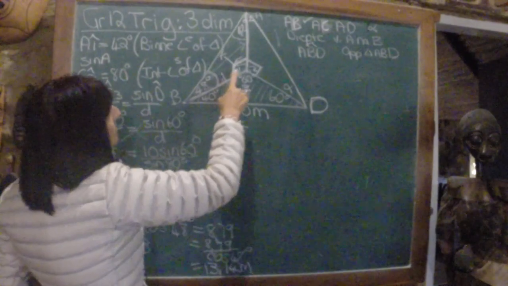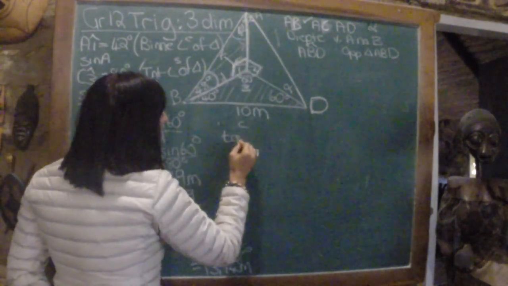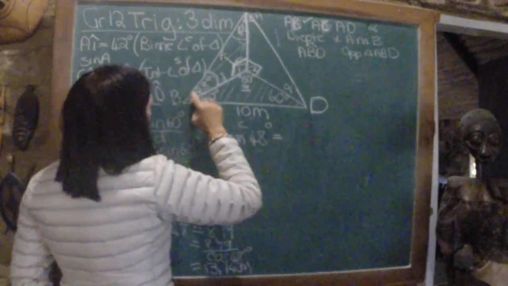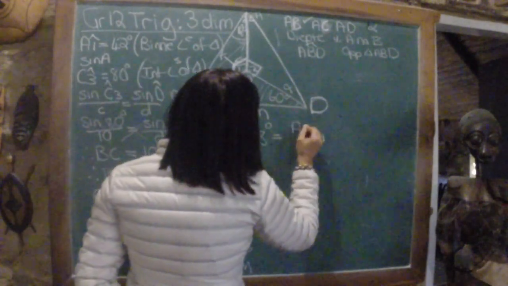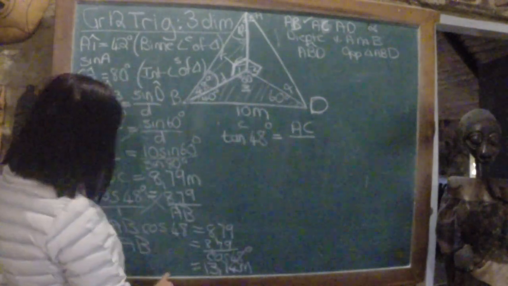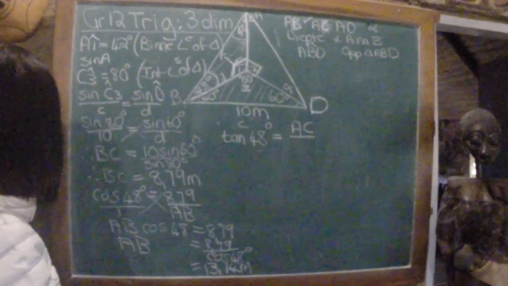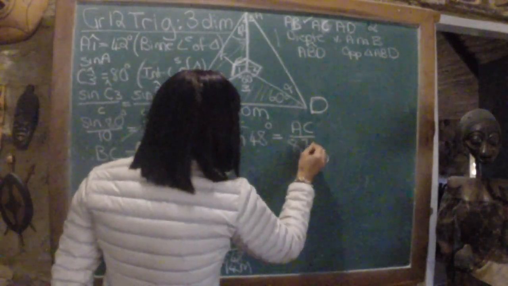So I've got adjacent and opposite, that's going to be the tangent of 48. That's going to be the opposite, AC, that's what I want, on the adjacent, and the adjacent guy, that's the value of BC, and BC is again 8,79.